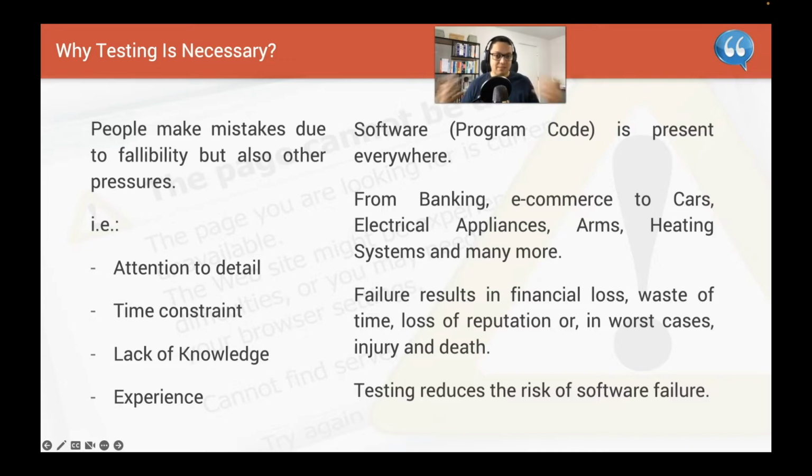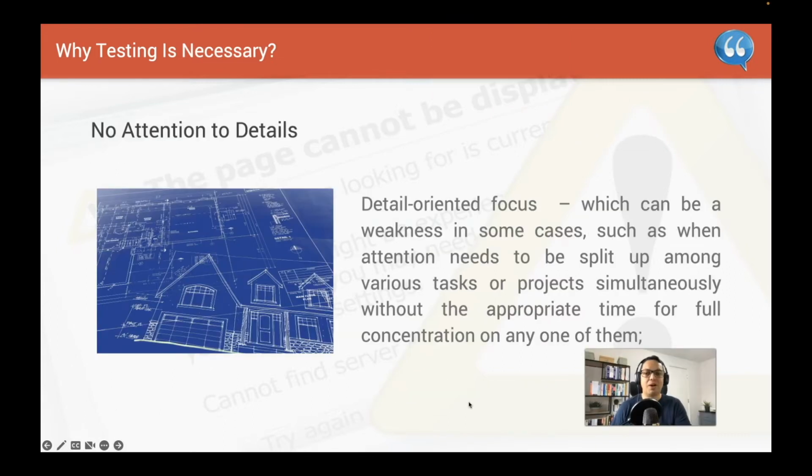So testing helps reduce the risk and potentially identify the failure before it goes live. Expanding a little bit more on attention to detail. The detail-oriented focus can be a weakness in some cases, such as when attention needs to be split up amongst various tasks or projects simultaneously.